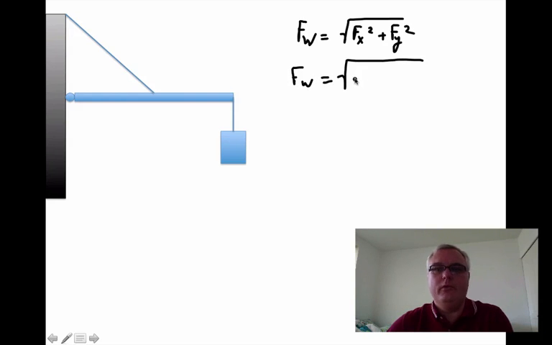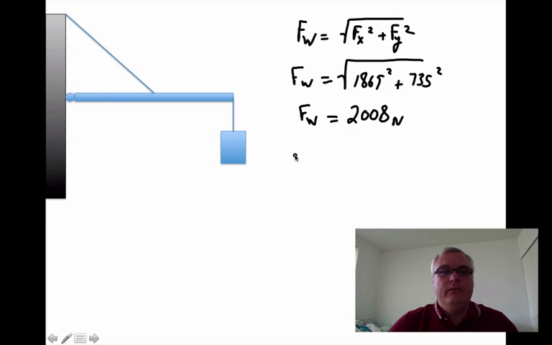So the x component was the 1,869 newtons, and the y component 735 newtons. So the force exerted by the wall is 2,008 newtons.